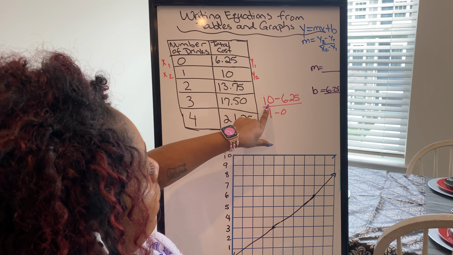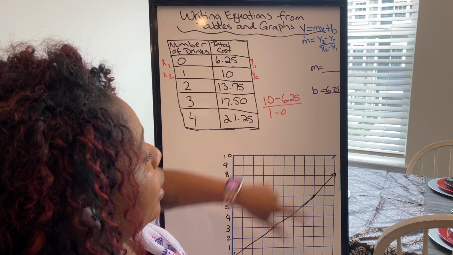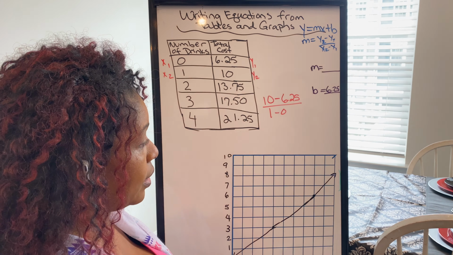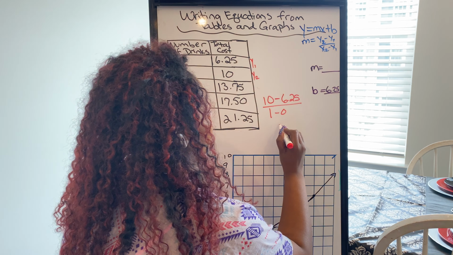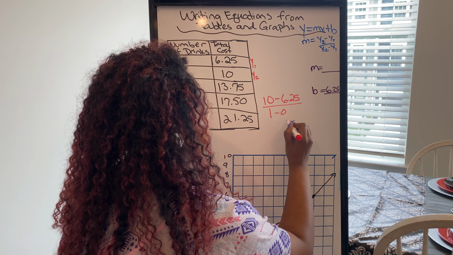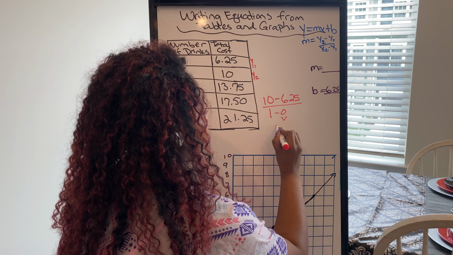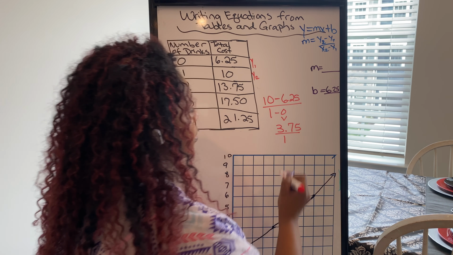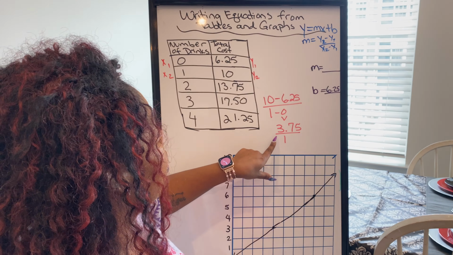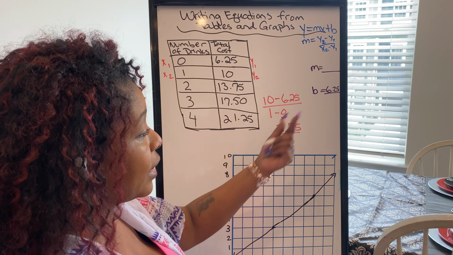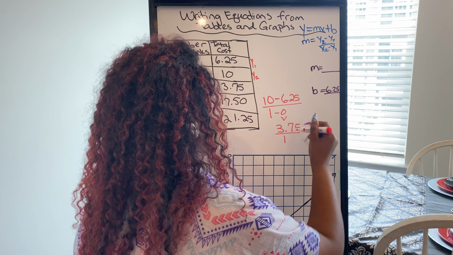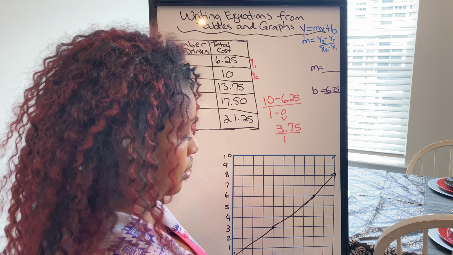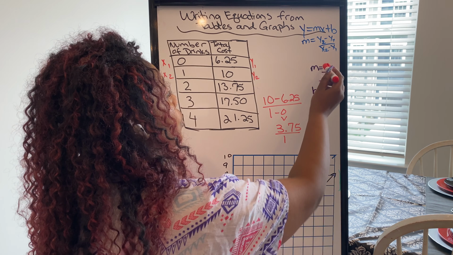So if I do 10 minus 6 and 25 hundredths, I'm going to get 3 and 75 hundredths over 1. And anytime you have a number divided by 1, it's just going to be that number. So this number here goes up here.